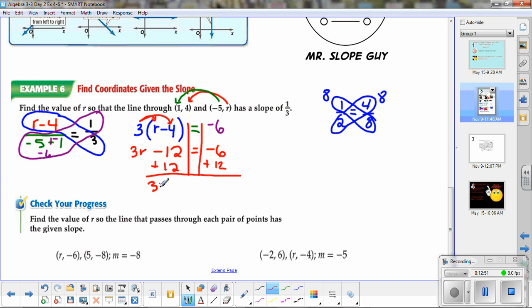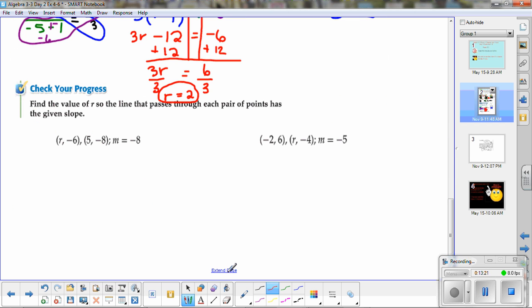And we end up with 3r equals negative 6 plus 12 is 6. 3r divided by 3 and 6 divided by 3, we end up with r equaling 2. So if r was 2, it would work out that the slope between those 2 points is 1/3. Probably want to pause the video and try the next two on your own.